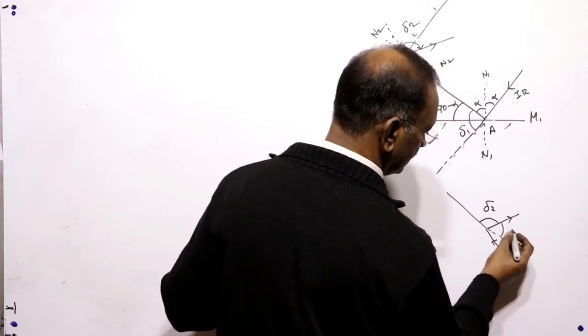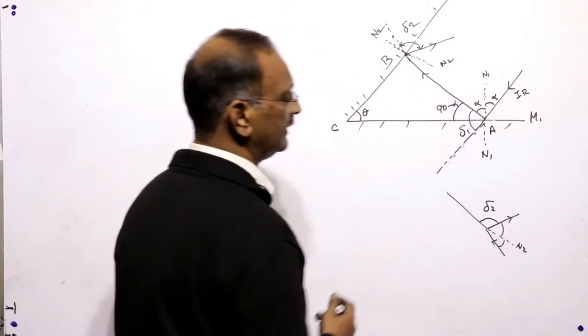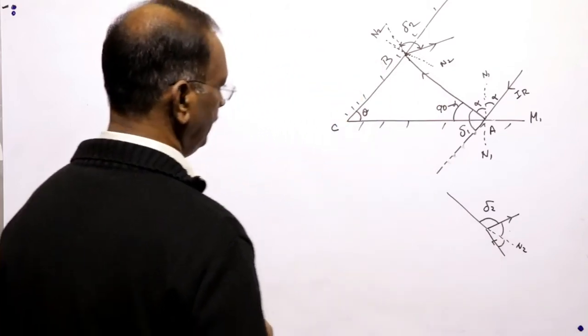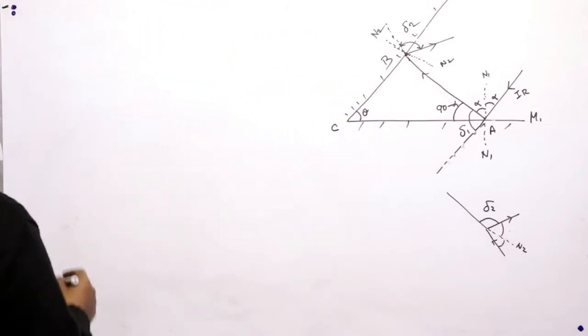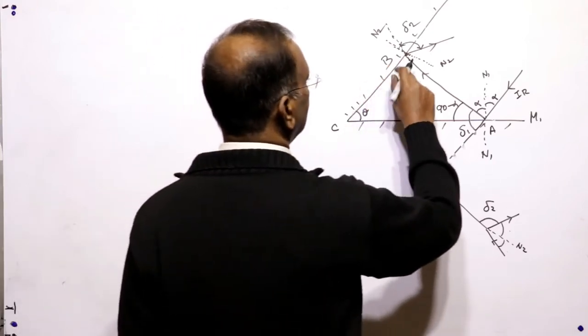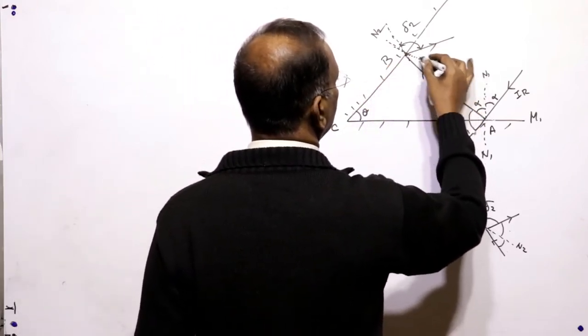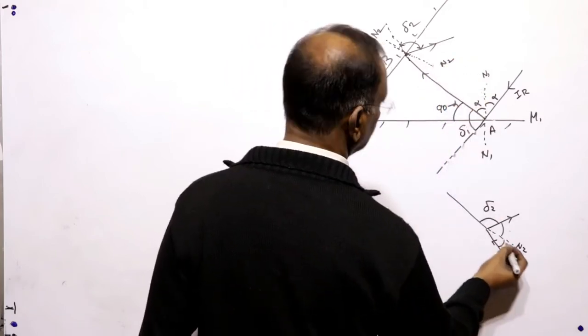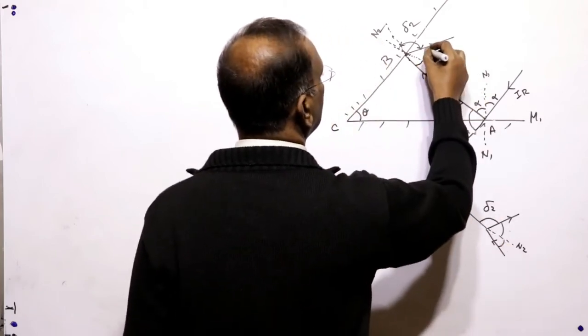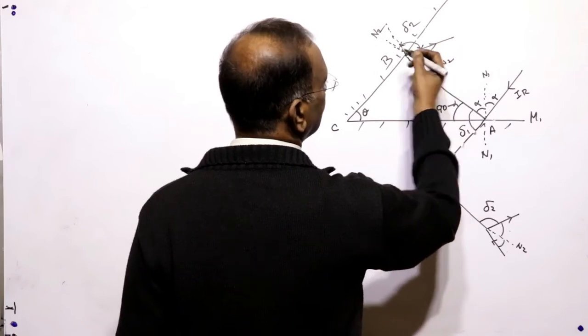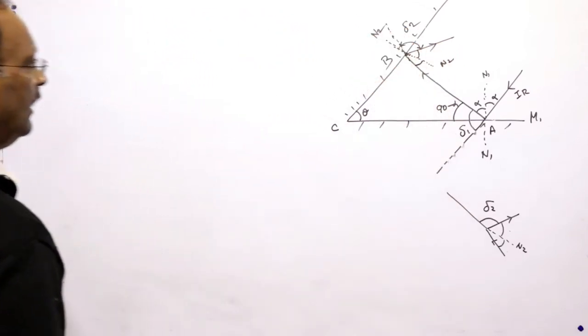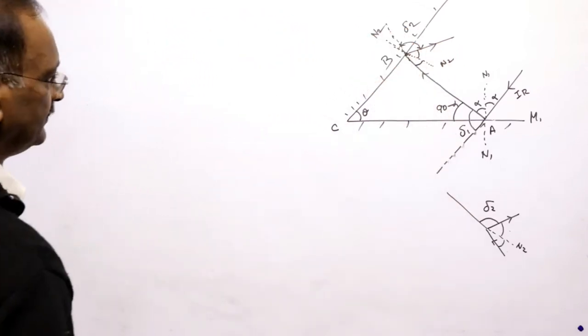So this will be some angle and this angle will be equal to this angle. So now we have to find out this angle, that is B. How do we find out this angle? This and this angle are equal by the law of reflection.